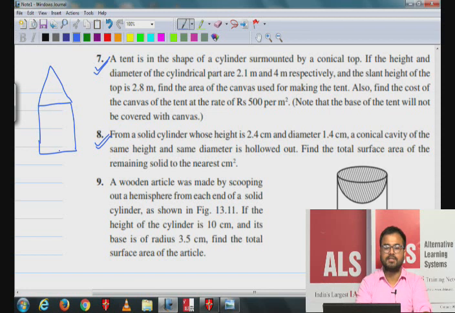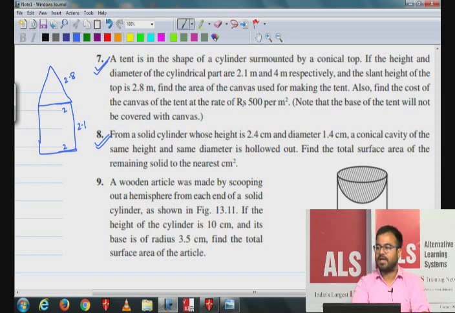So 4 is the diameter, so the radius is 2 and the height is 2.1. Slant height of the top is 2.8, and the radius is still the same, which is 2. Find the cost of the canvas of the tent at the rate of 500 per meter square.